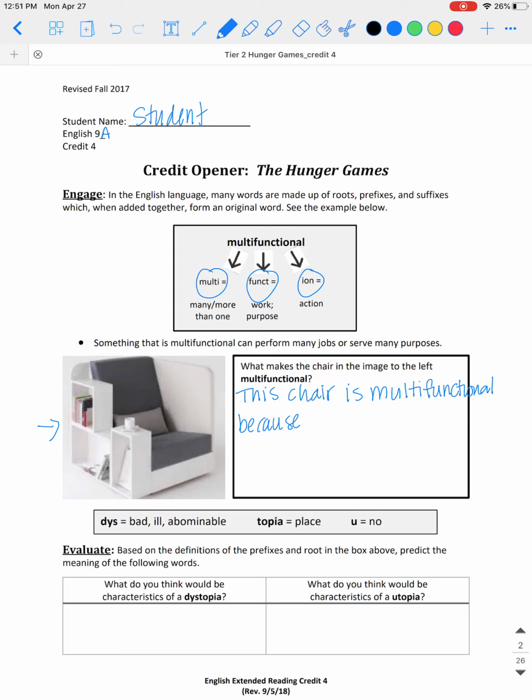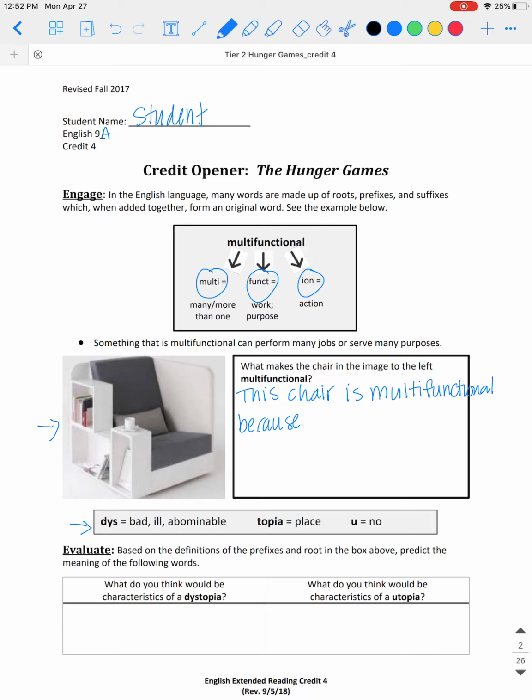So it has multiple functions, right? It's not only a chair, but you can use it for storage. They have books on there, so it has multiple uses. Okay, so go ahead and finish that sentence off.